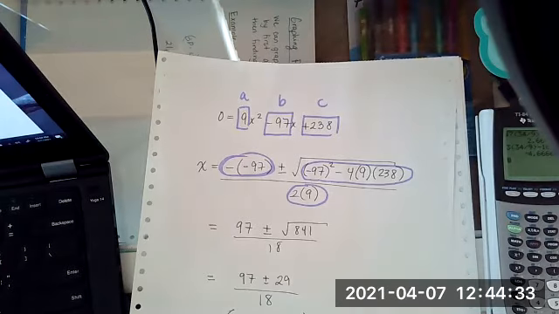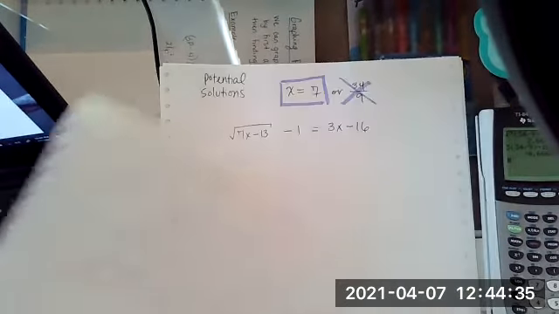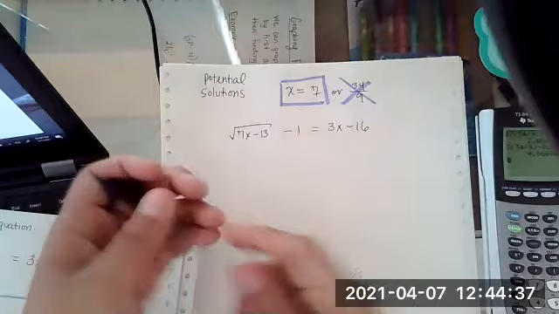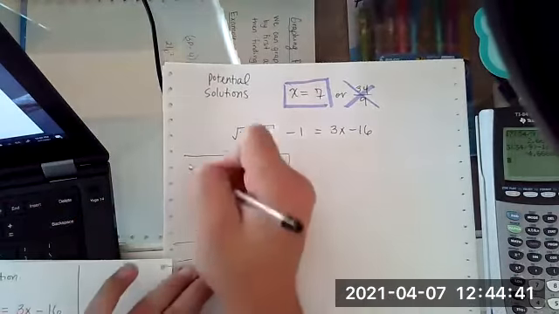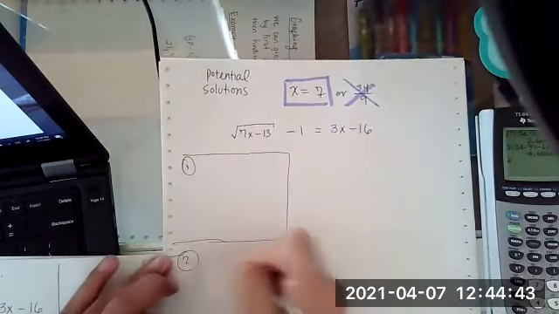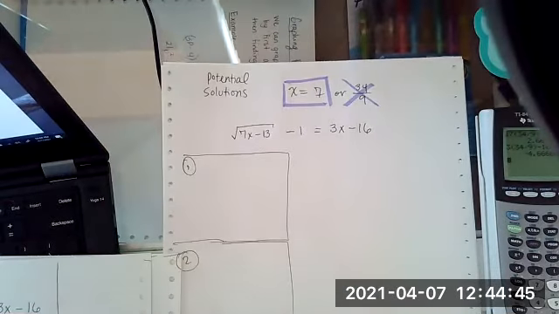Okay? So, if you are the kind of student that is trying to squeeze question 1 into a little box here, question 2 in a little box here, that's just simply not going to work for this test. And it shouldn't have worked for the last test either, right? These require a lot of scratch work. And I need to see that scratch work so I can see what you're thinking as you approach the problems, okay?